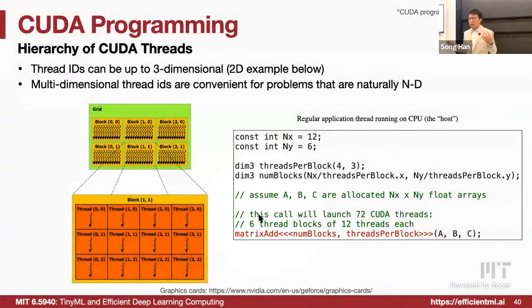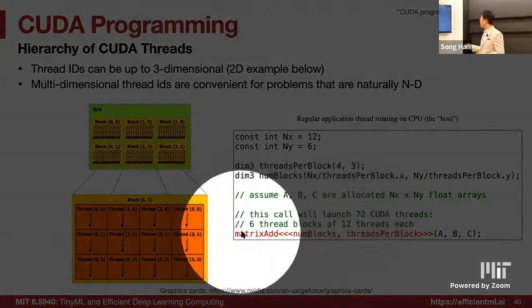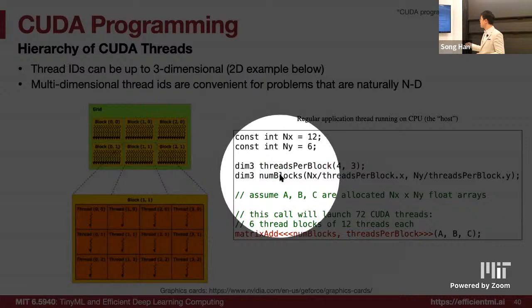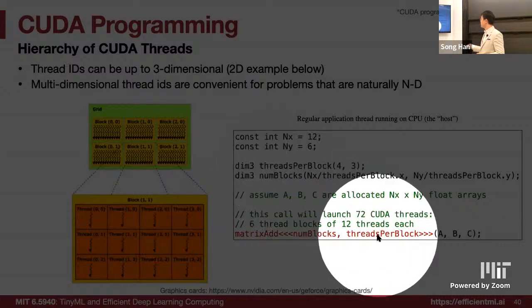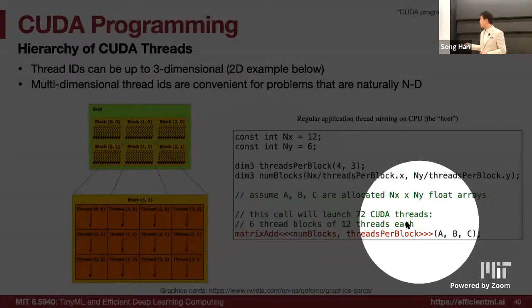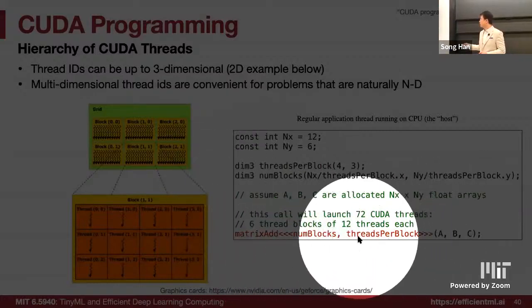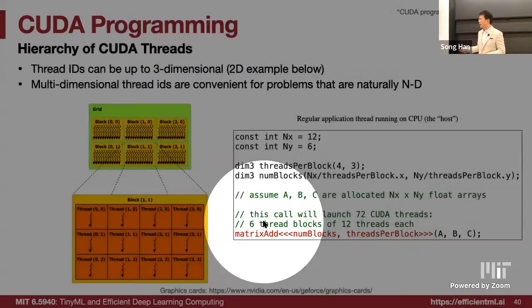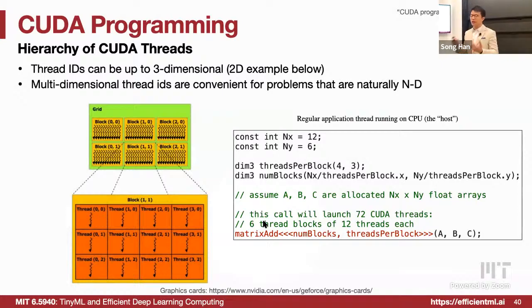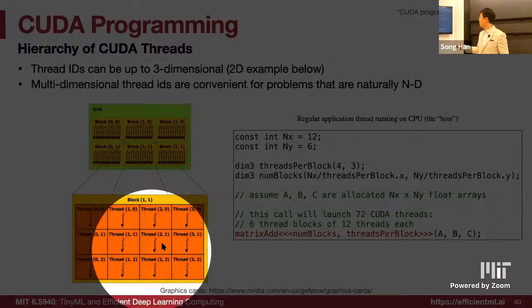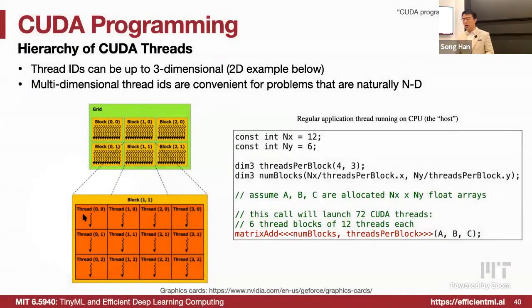Then this call will launch 72 CUDA threads by calling matrix add, specifying the number of blocks, which is here, and the threads per block, which is defined here. This single line of code will launch 72 CUDA threads at the same time, which consists of 6 thread blocks and 12 threads in each block.